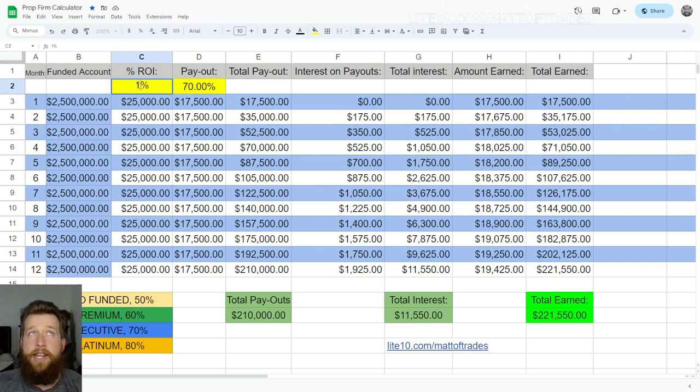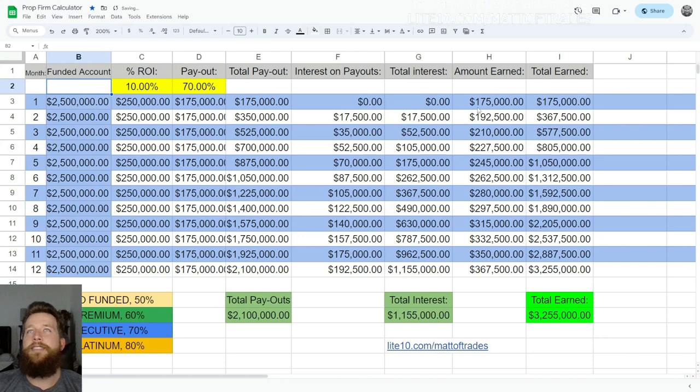But let's say you're able to manage, again, the standard 10%. I mean, this is just crazy. I guess theoretically it's possible.